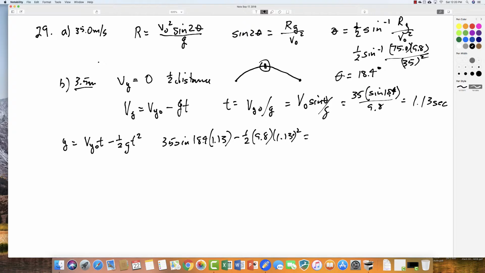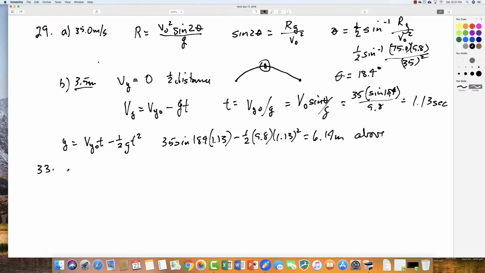And if you crank this out, you get 6.14 meters, which is well over the 3.5 meters. So it goes above the branch.